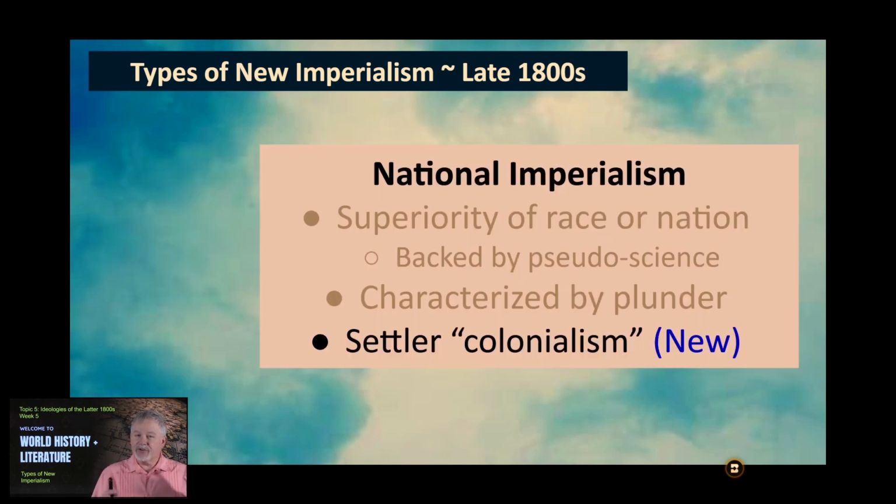The other new characteristic of national imperialism as we move towards the 20th century is this idea of settler colonialism. This would be new shifts in migration to places like Australia, New Zealand, and places in Canada, where people from Europe went to settle. They didn't want to go there to plunder or pull things out.